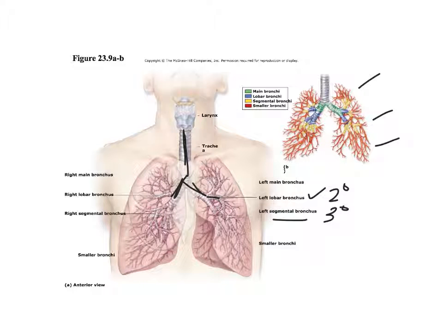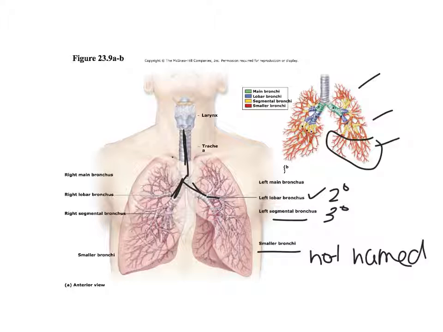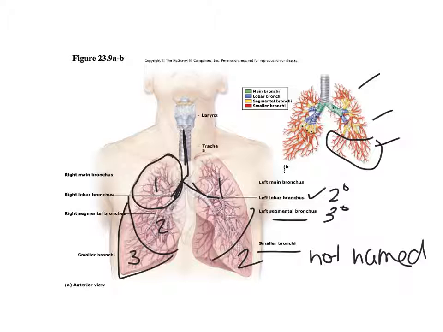There's right and left, then the lobar, then the segmental, and these little smaller ones don't get names. On here, 1, 2, 3 lobes on the right side, and 1, 2 lobes on the left side. The heart is going to be right over in here.